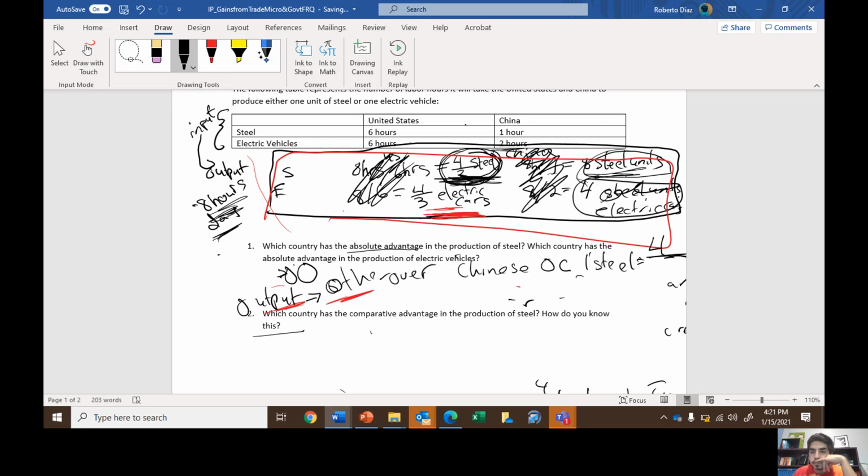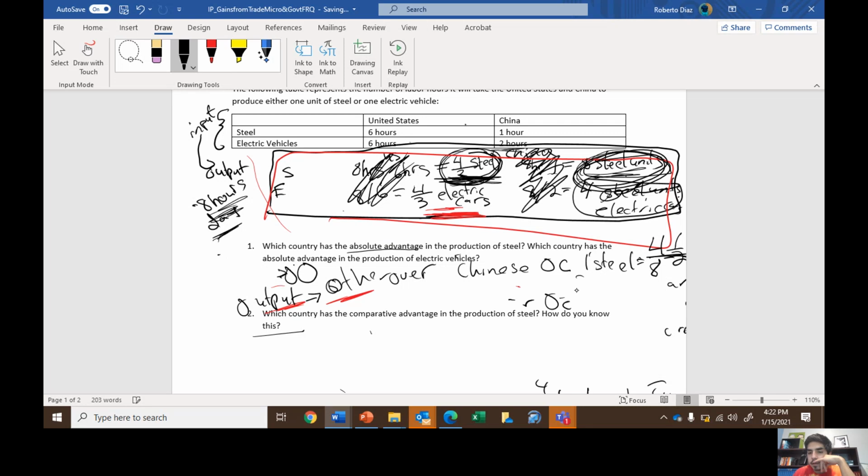over the max value, assuming you allocate all productive resources to producing steel, of the good whose per unit opportunity cost you're trying to determine. 4 divided by 8 should give you 1/2.